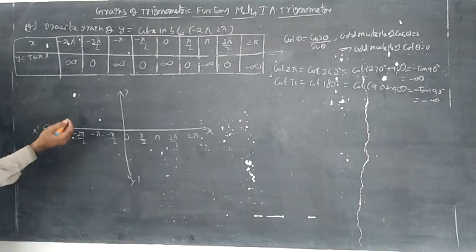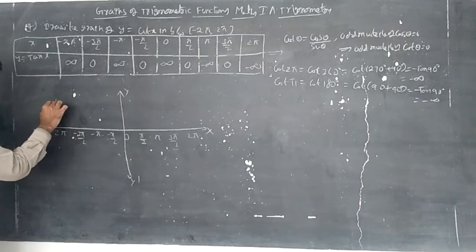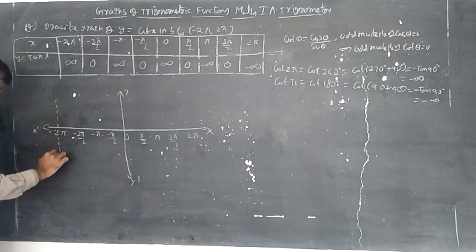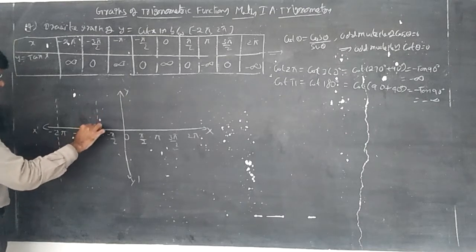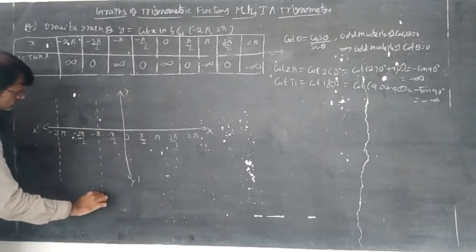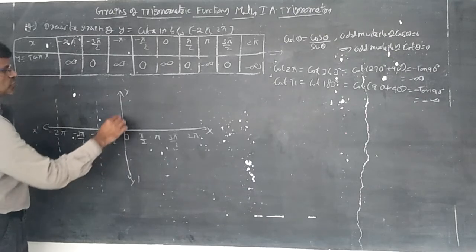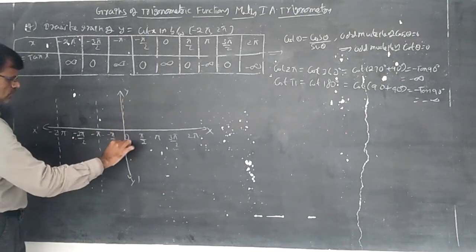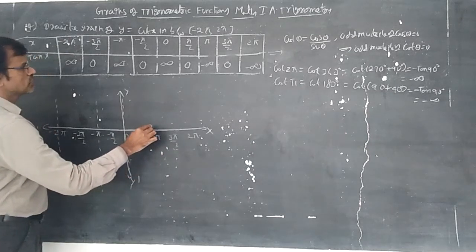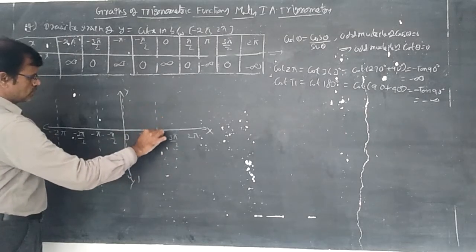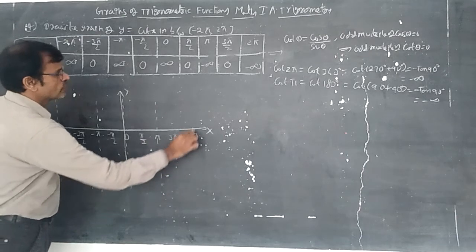Infinity means there is no definition, so at minus 2 pi, simply underline it, meaning not defined. Here also, 0 also, for pi by 2 it is 0, for pi also, for 2 pi also.